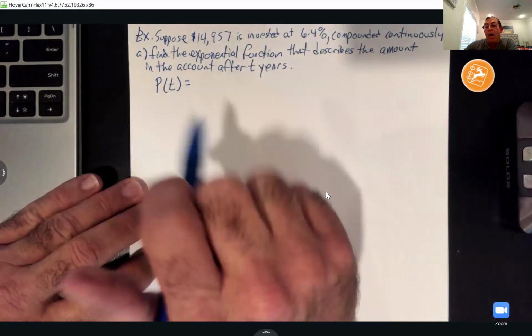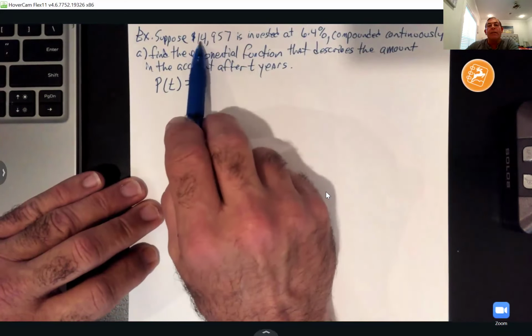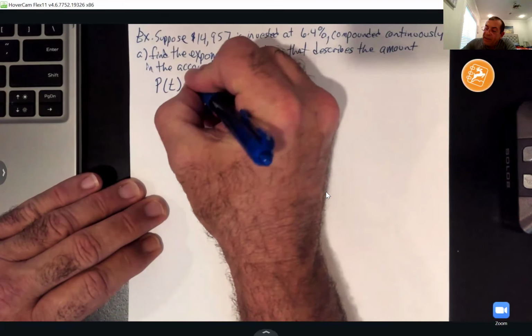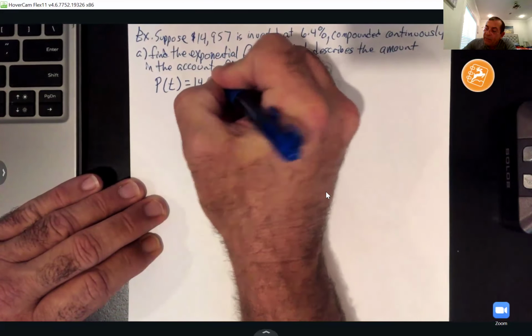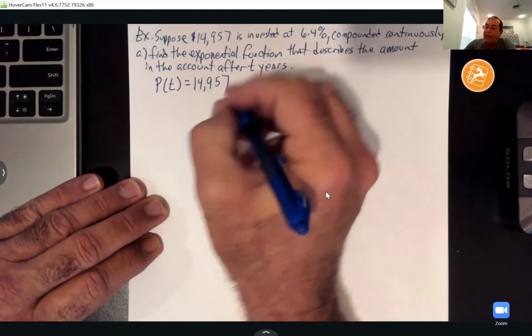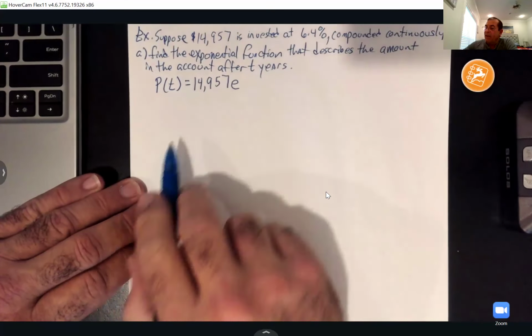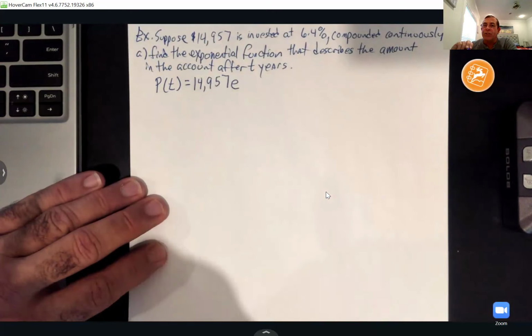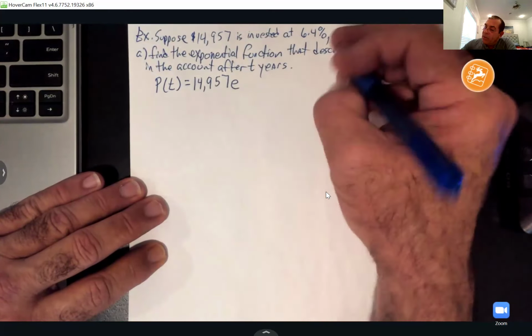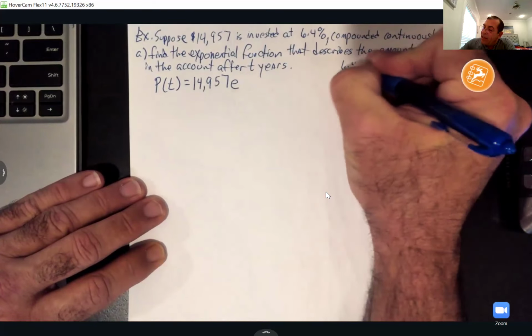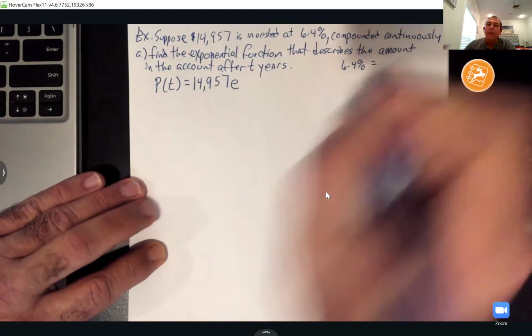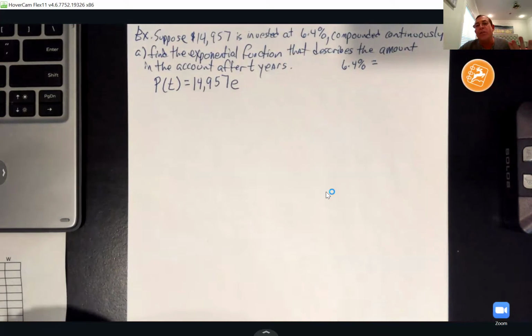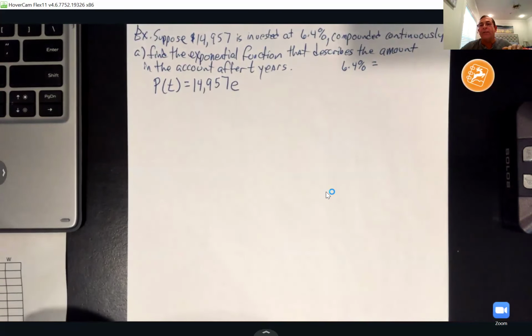So remember, P0 is my initial amount. Well, that's the 14,957. Then we got our E. K is the growth rate or interest rate. So K is going to be 6.4%. But y'all, we need to turn 6.4% into a decimal.